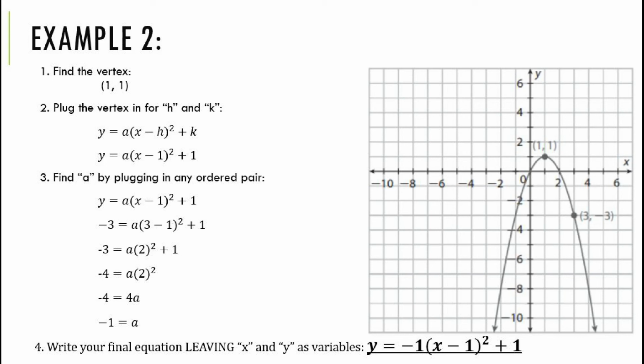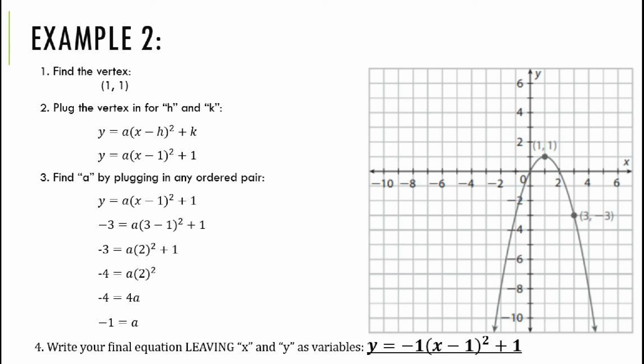So my new equation is -3 equals a times (3 minus 1) squared plus 1. When you're doing that, make sure you're putting x and y in the right spot. It's really easy to flip them around. So just make sure you're paying attention to which coordinate's x and which coordinate's y.